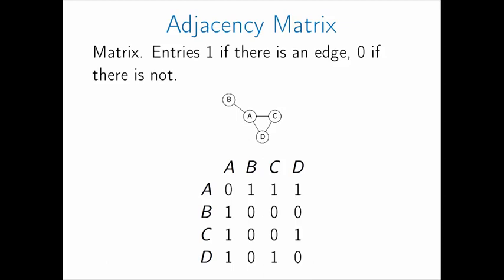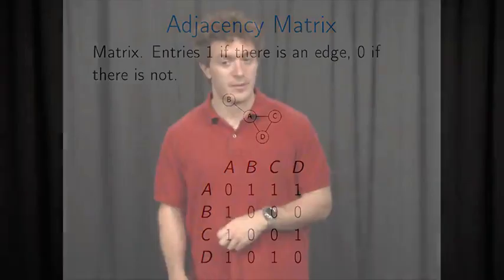So, for example, in this graph, there is an edge between A and D, and therefore the AD entry of this matrix is 1. There isn't an edge, however, between B and C, so the BC entry is 0. And so you just fill this in and you get this nice 4x4 matrix of zeros and ones. That is another way of representing this graph.